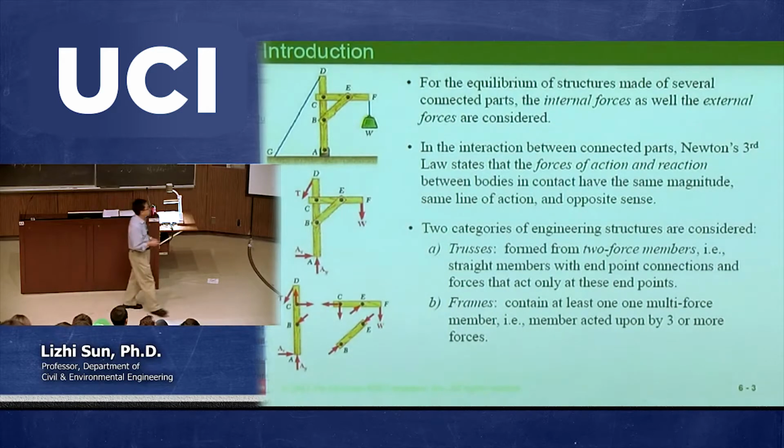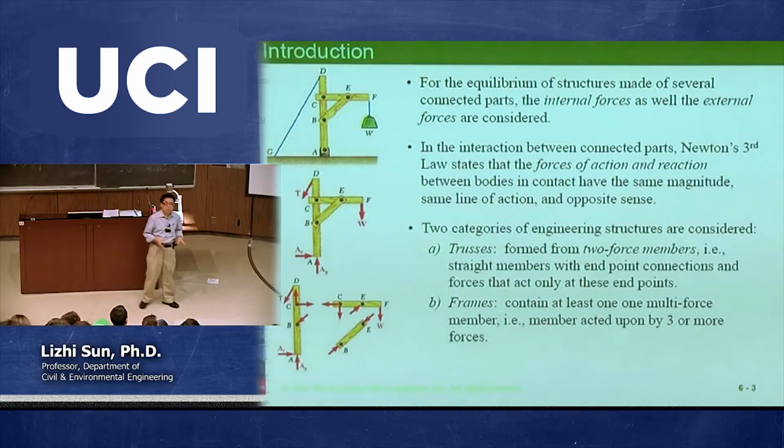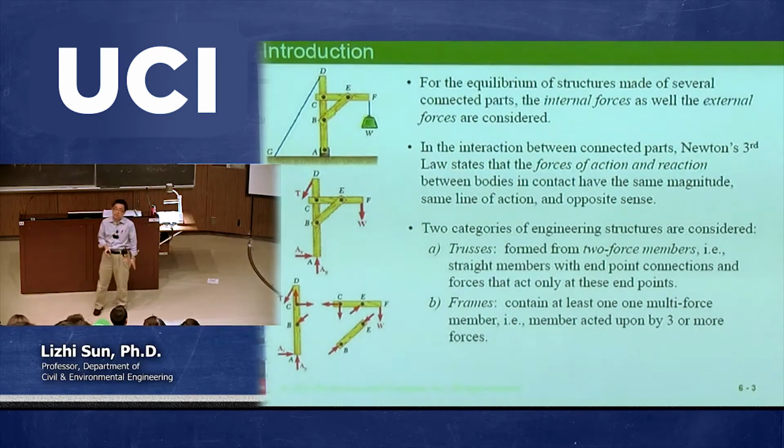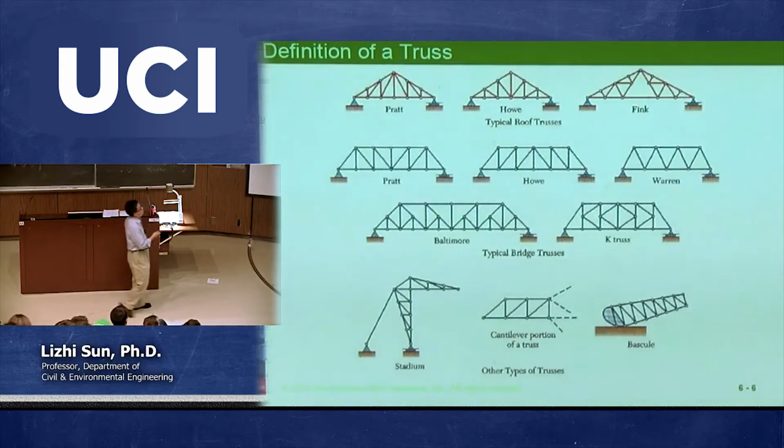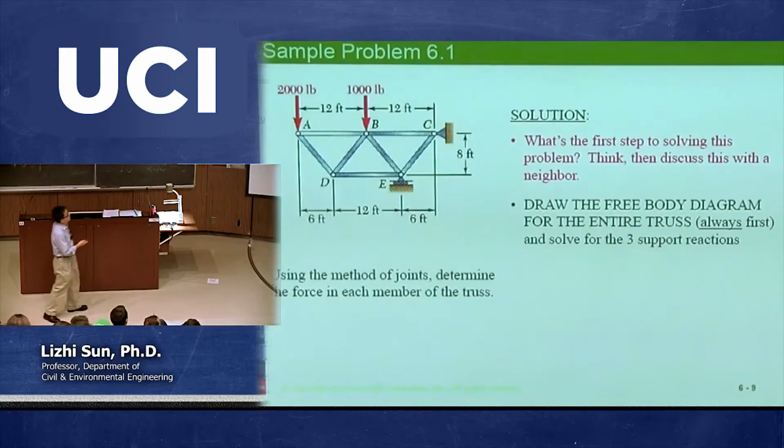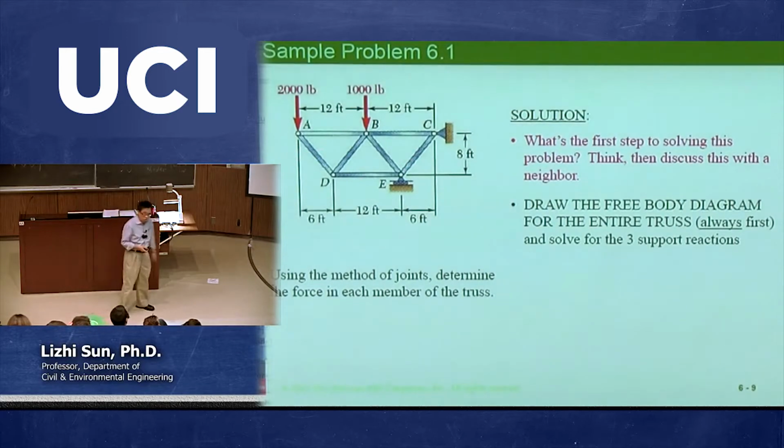But in general, you need to first look at the entire structure and calculate the reactions. That is very consistent with what we talked about in chapter 4. So going back to the first example I was talking about last time, this one. This is a typical truss structure having all the concentrated forces acting on joints only, in order to be a truss structure.